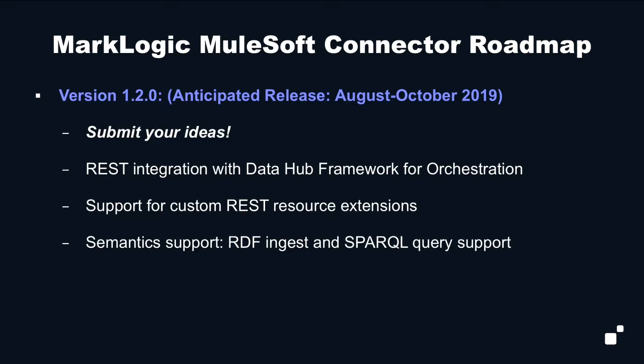But our efforts would actually be towards getting it into fewer steps, more of an operator sort of paradigm. Adding support for custom REST resource extensions and the ability to also invoke server-side queries. So if you have queries already stored server-side that you want to invoke and get results back, that would be there as well. And last but not least, very important, support for RDF and semantics: able to input, export, do SPARQL queries, what have you.